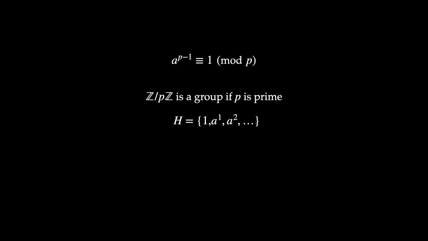The order of H is the number of times we have to multiply A so that it loops back around. So A to the order of H would be 1.